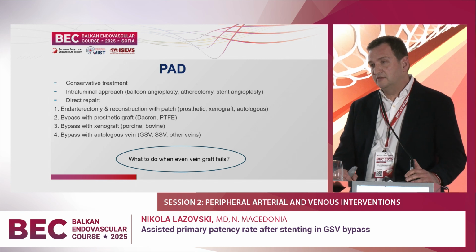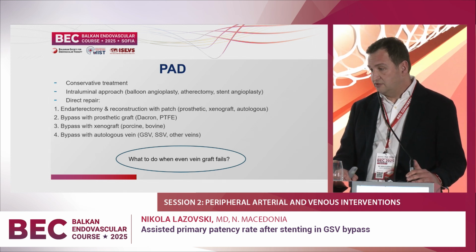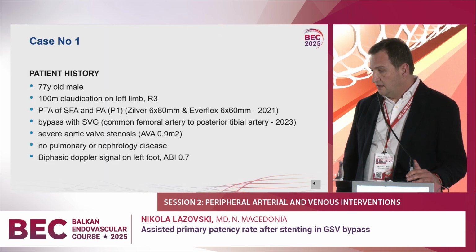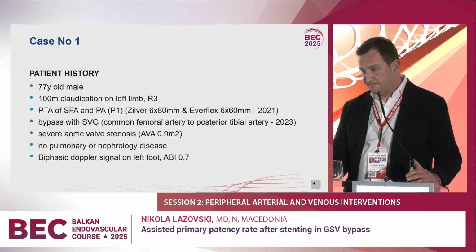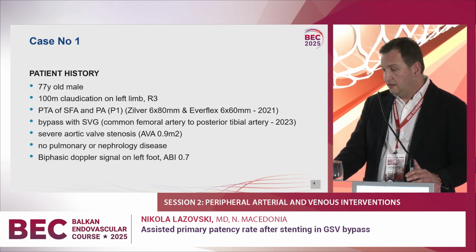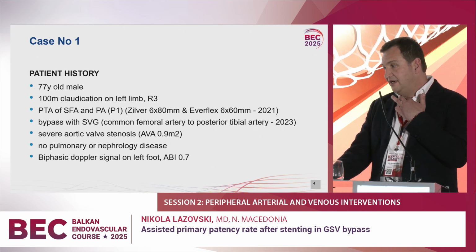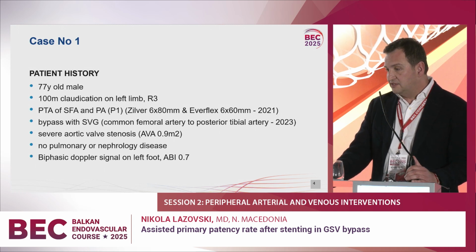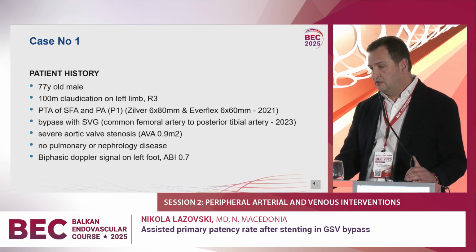According to nowadays evidence, all we have to do is surgical reconstruction of the great saphenous vein bypass. But are there any endovascular options? In the literature, we cannot find any data for endovascular treatment of this kind of lesions, especially in the groin area.